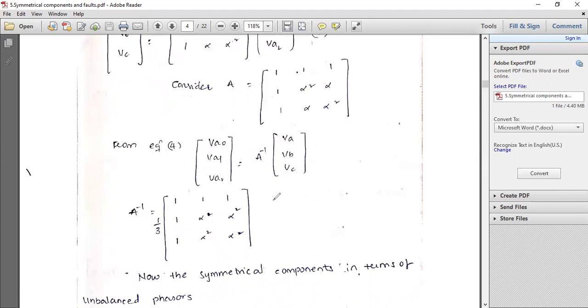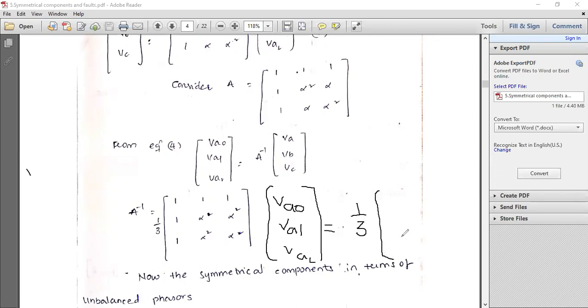Just wait a moment, I shall write this for you. So VA0, VA1, VA2, which is a matrix, is equal to 1 by 3 multiplied by the matrix 1 1 1, 1 alpha alpha square, 1 alpha square alpha, multiplied by VA, VB, VC.